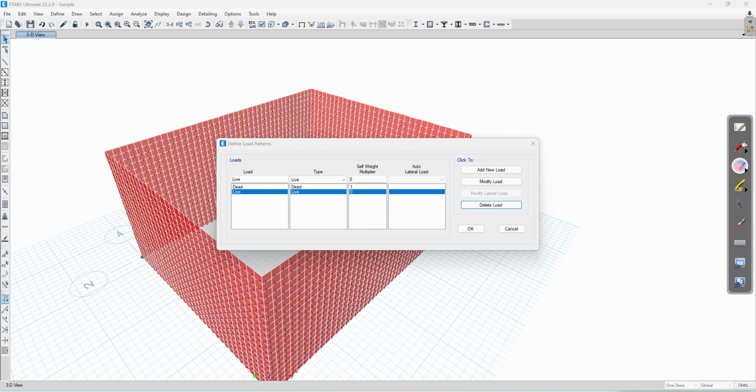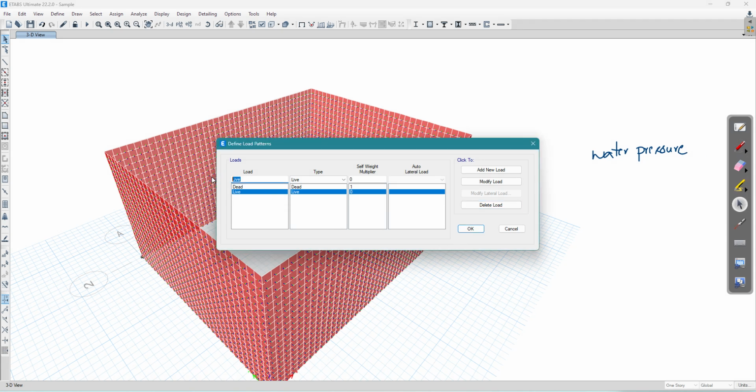Okay. So by default I have two patterns, dead and live. So next I will create water pressure. In case of load, you write water pressure.